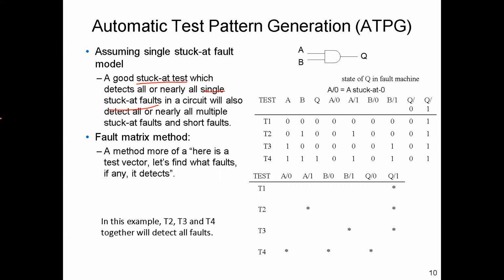If we do this, we can usually detect all or nearly all multiple stuck-at faults and short faults. So although we assume a single fault at a time, it can usually detect multiple faults in a circuit.